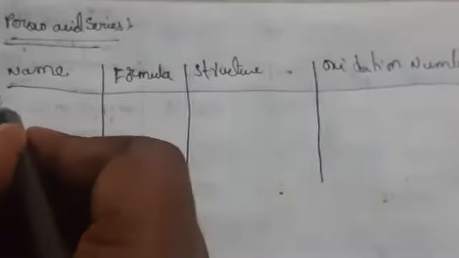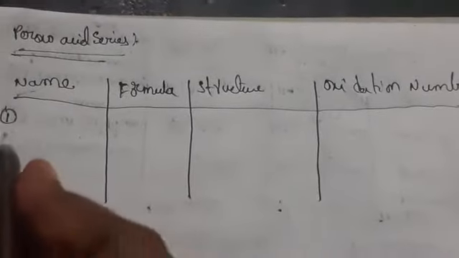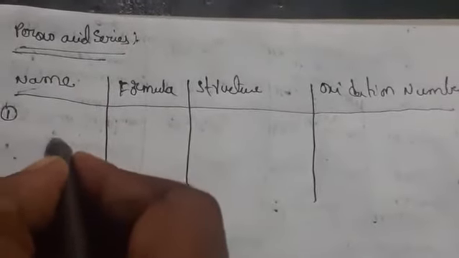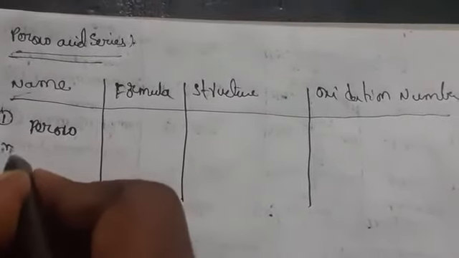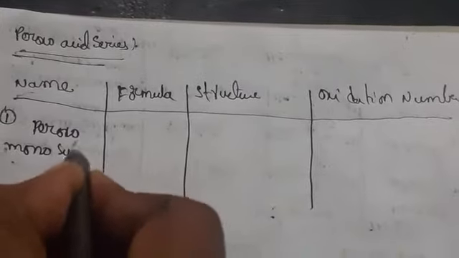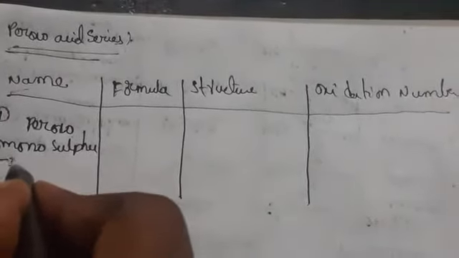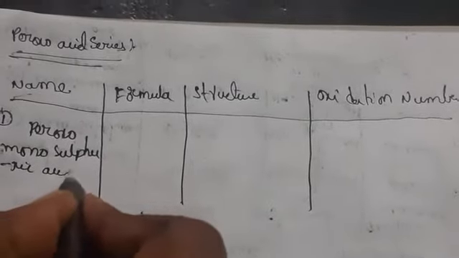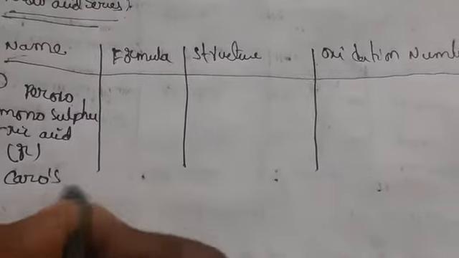First one is nothing but here peroxomonosulfuric acid, or we can say this one is Caro's acid also.